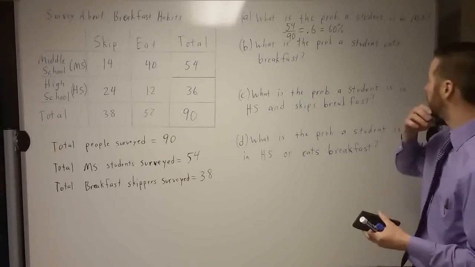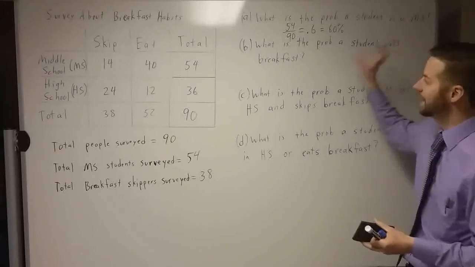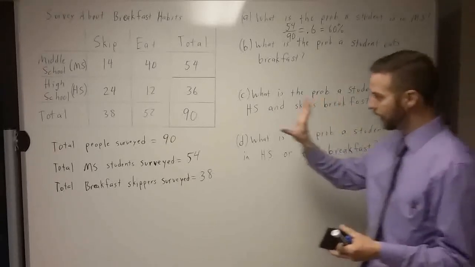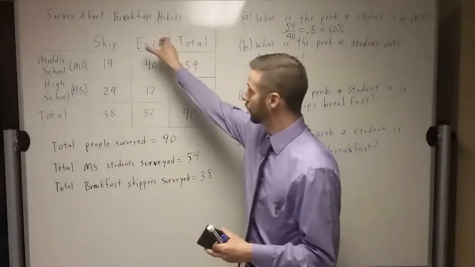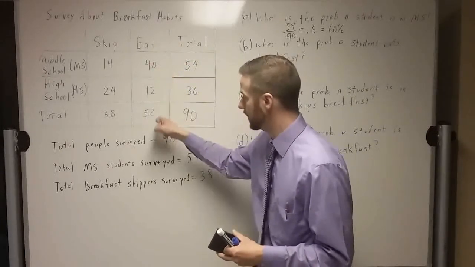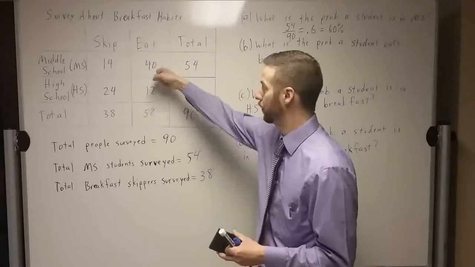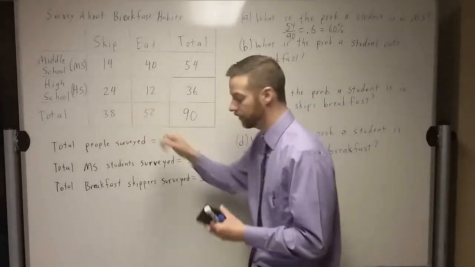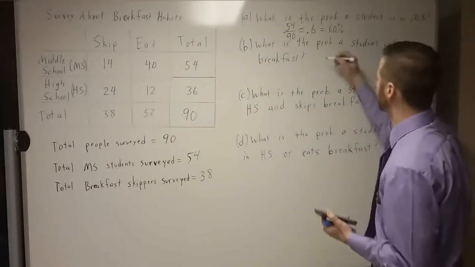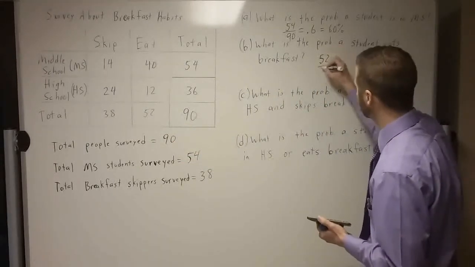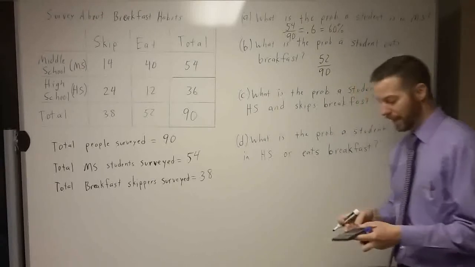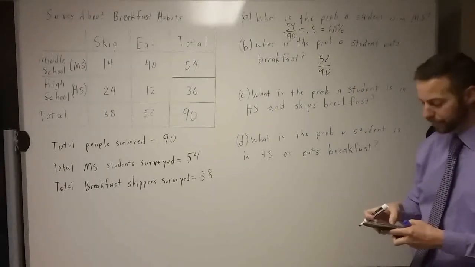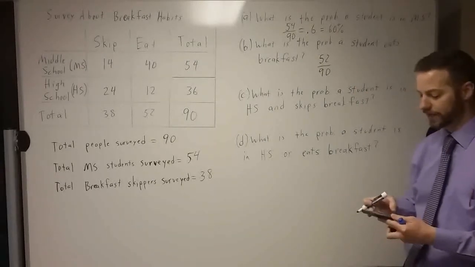All right, so next up, what is the probability that a student eats breakfast? Breakfast eaters, total number of people who eat breakfast is 52. Some are in middle school, some are in high school, but we're just looking for who eats breakfast. We have 52 out of the 90. Again, we could simplify that, but instead I'm just going to change this to a decimal.